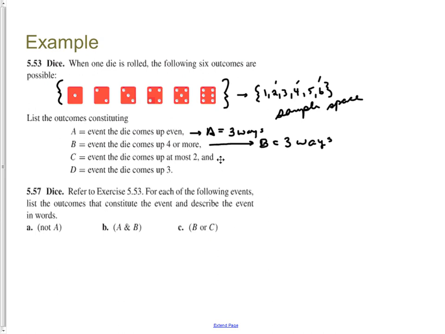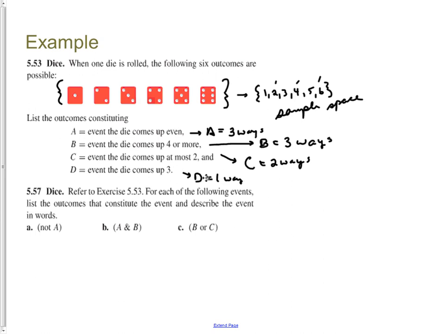C, the event of the die comes up at most 2. So what would that mean? Well, in event C, at most 2, that means either 1 or 2. So that means there's only 2 ways that that could happen. And in our dice, the event D, the die comes up 3. How many ways are there for that to happen? Well, there's really only 1 way to get that to happen.